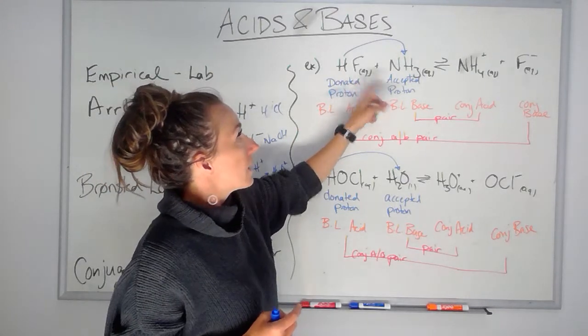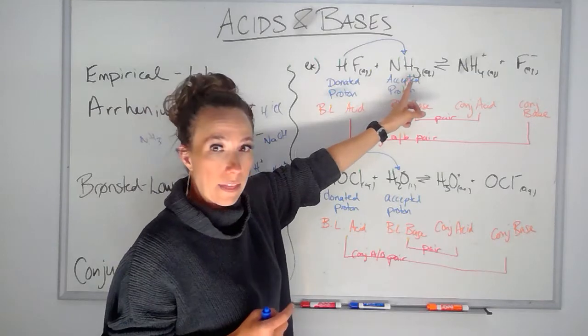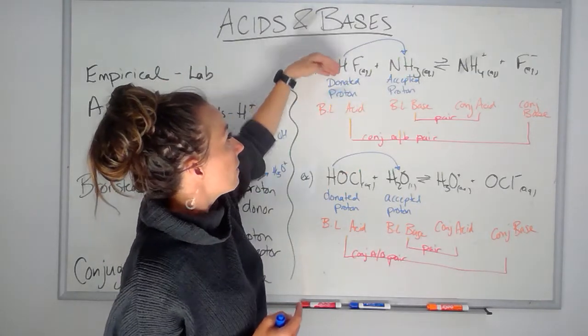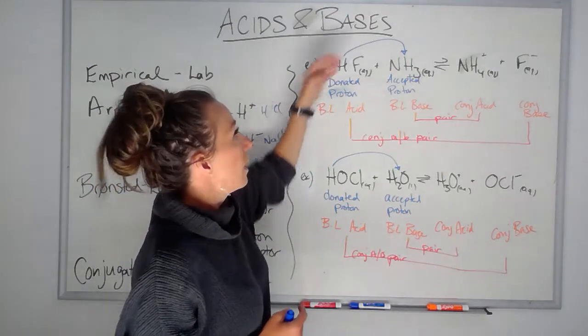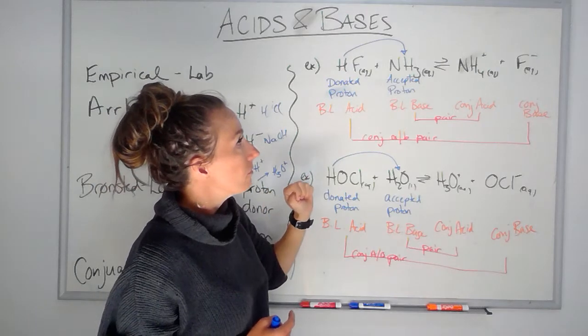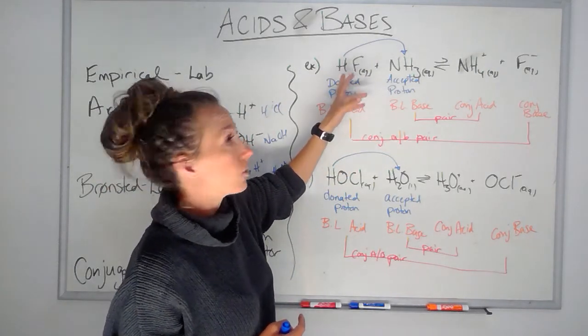So here's my acid, here's my base. This can donate a proton there. This can accept a proton. So by definition, this is a Bronsted-Lowry acid. This is a Bronsted-Lowry base by definition. Because this is donating a proton, this is accepting a proton. By proton, I mean H+.